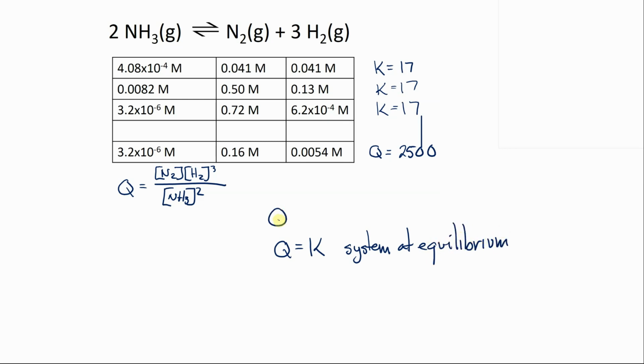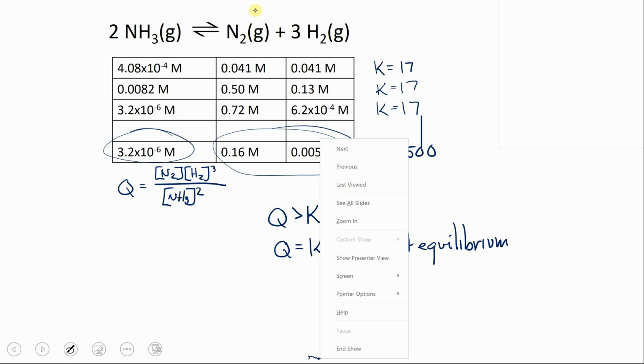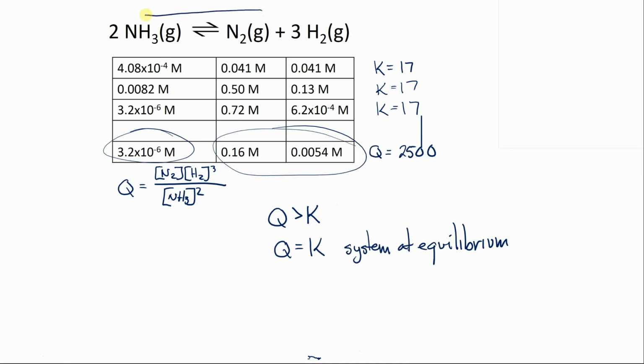In this example, we have a Q, a reaction quotient, that's greater than the equilibrium constant. And if this is the case, these numbers are too high. Or you can look at it that the reactant's too low. In either case, the way for this system to reach equilibrium is to shift and convert some of these products back towards reactants.